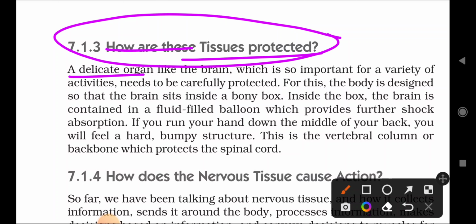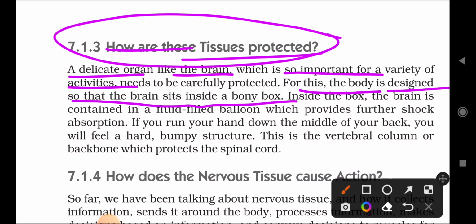A delicate organ like the brain, which is so important for a variety of activities, should be protected from various injuries. So how is it protected? The body is designed so that the brain sits inside a bony box.